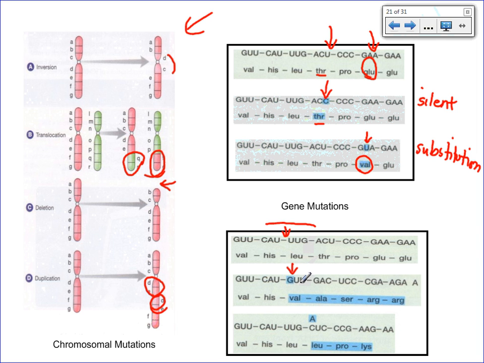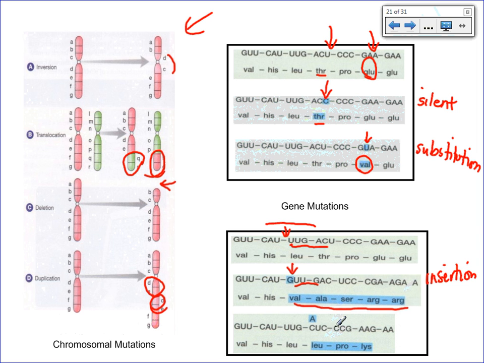So you'd have GUUGAC, UUUGAC is here. Because it's an insertion, it changes all of these amino acids. It causes a frame shift and changes them.